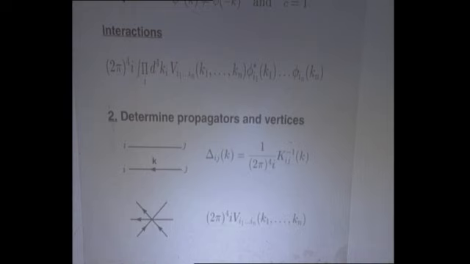Of course, in writing down the scattering amplitudes, we also have external states, and those states you can actually also introduce in the Lagrangian by writing down certain external sources.